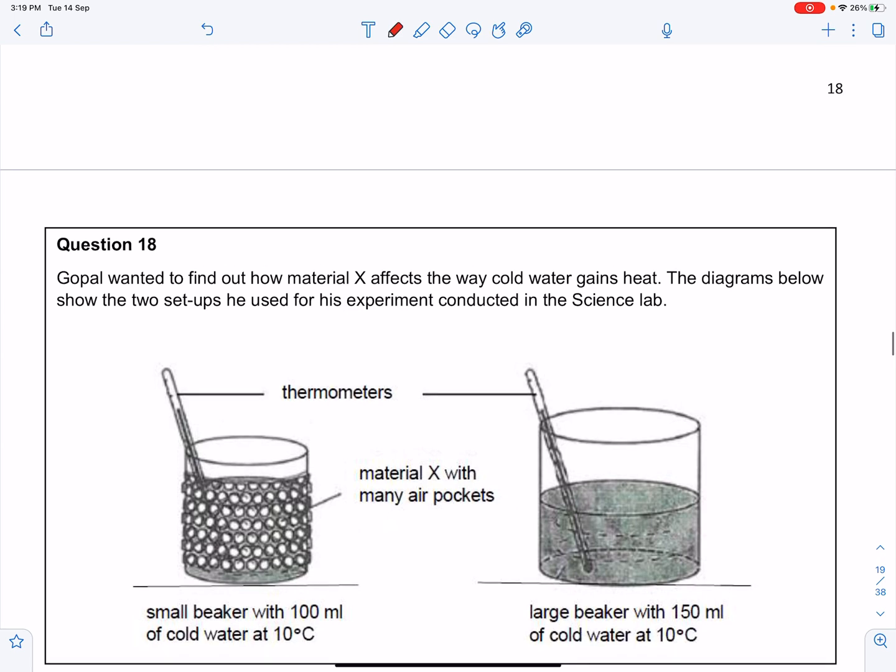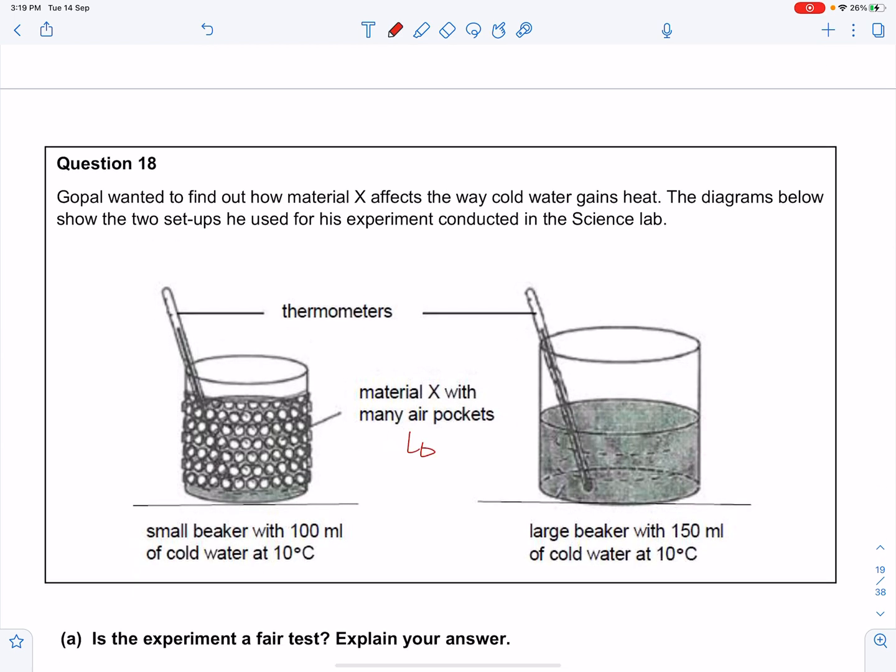So already from here, you know that air pockets are a poor conductor of heat. So you know that this one over here would gain heat from the surrounding at a lower speed, because it's only at 10 degrees. Normally, room temperature is about 25 thereabout. So heat should enter, bringing up the temperature.